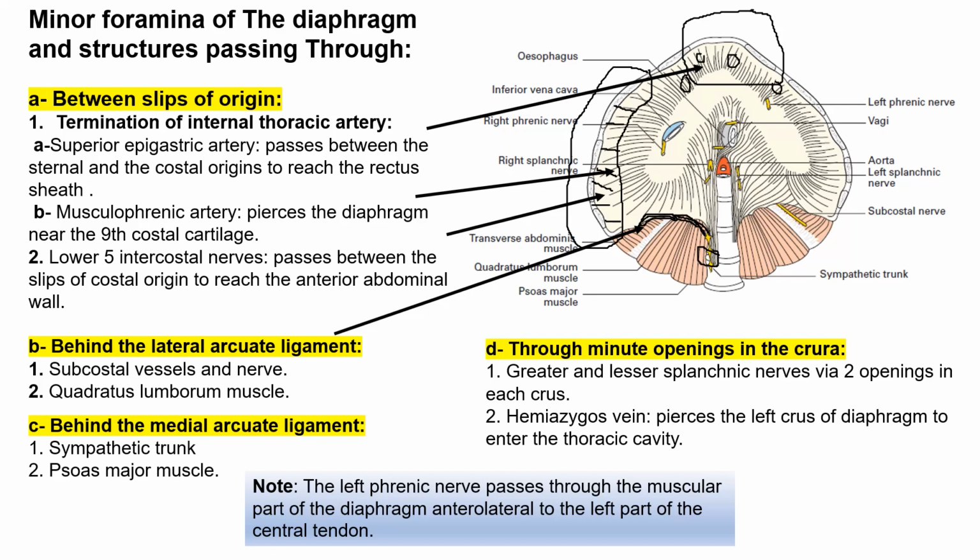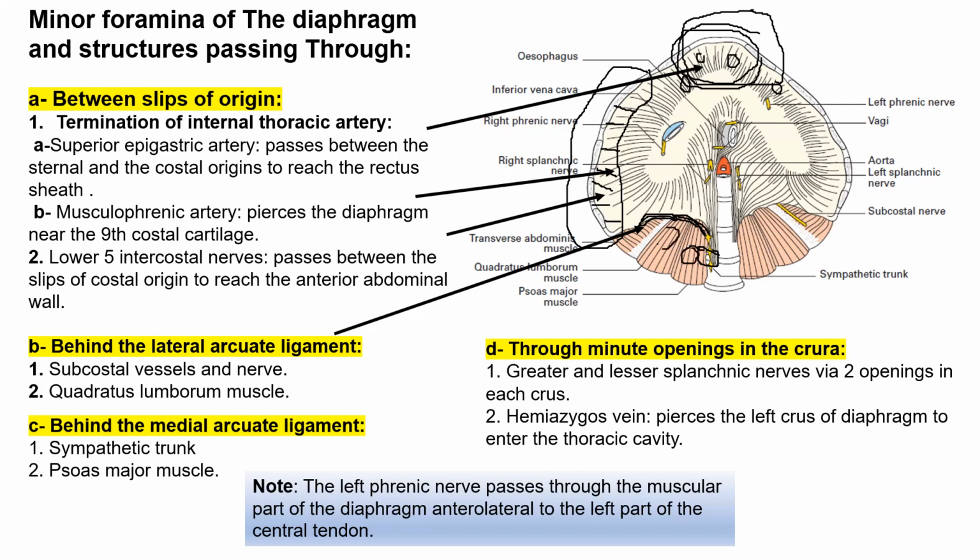These are the minor openings inside the diaphragm and the structures passing through them. Again, at the sternal origin is the terminal part of the internal thoracic artery. At the costal origin are the lower 5 intercostal nerves. At the medial arcuate ligament are the psoas major muscle and the sympathetic trunk.